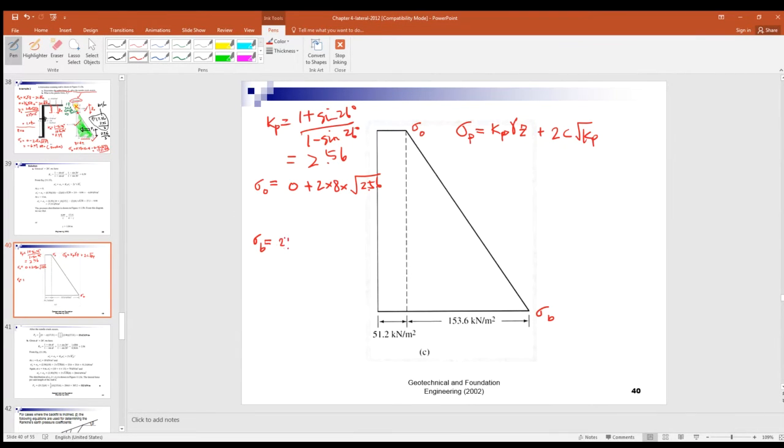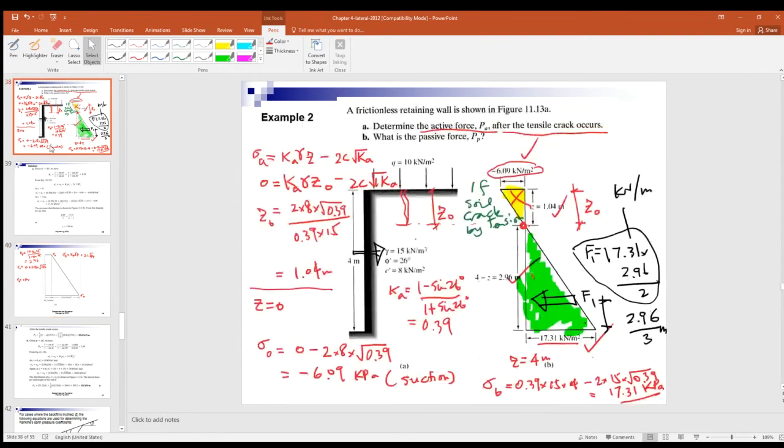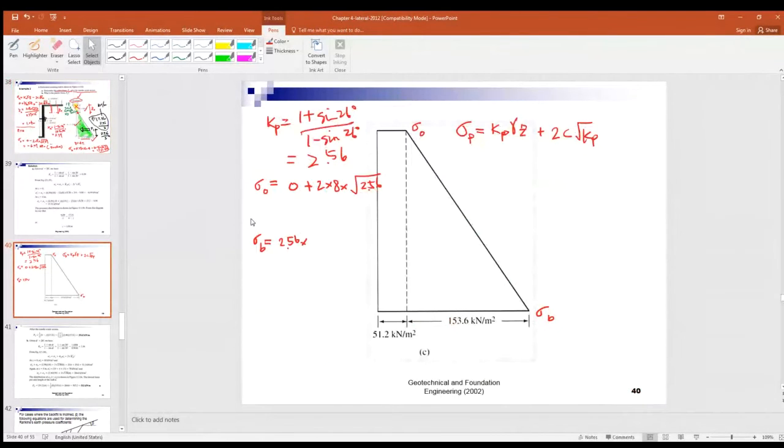Kp 2.56, gamma, what's gamma? Gamma equals to 15, right? Times Z. What is Z? 4 meter, right? 4 meter. Plus 2C, again, 2 times 8 times square root 2.56.